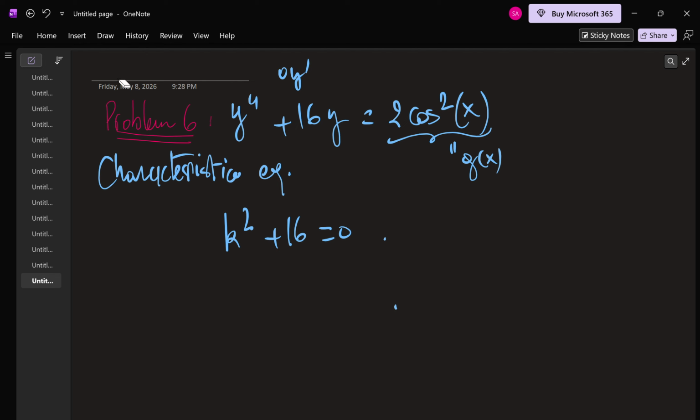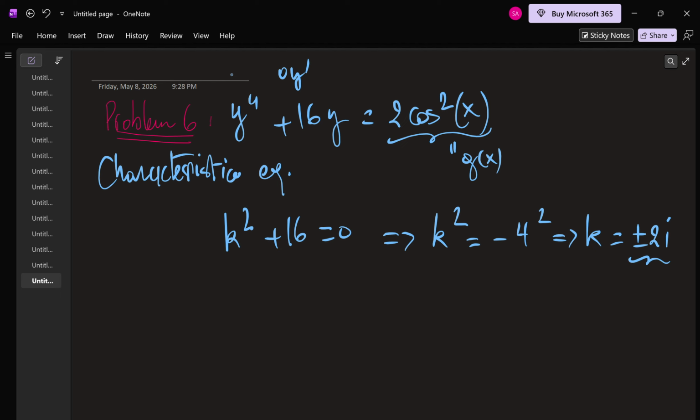Let me delete this. So what this gives you, k squared is equal to minus 4 squared, so eventually k is equal to plus minus 2i, which is purely imaginary.